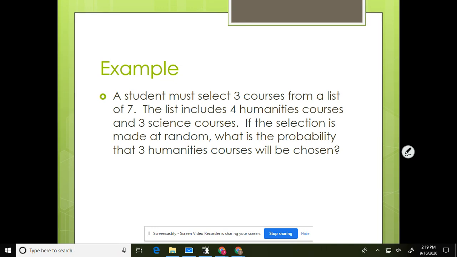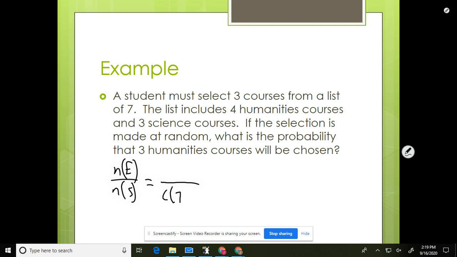So now we've got, a student must select 3 courses from a list of 7. The list includes 4 humanities courses, 3 science courses. Make a random selection, what's the probability that 3 humanities courses are chosen? So my sample space, I have 7 courses and I'm selecting 3. We'll pull that right off the bat.